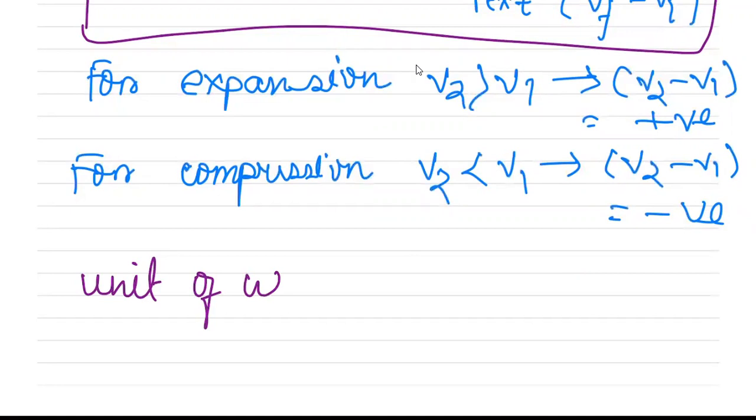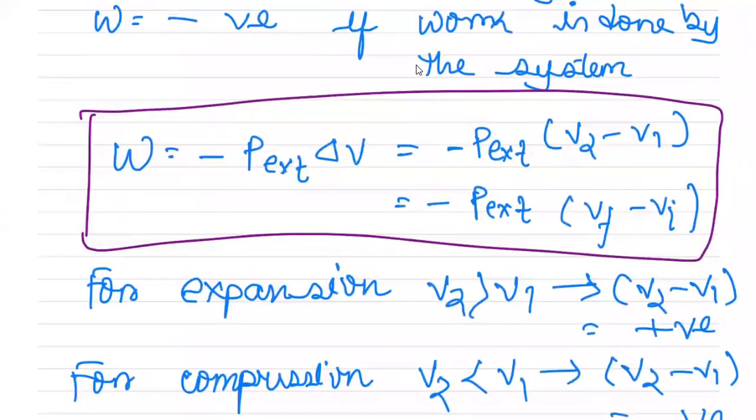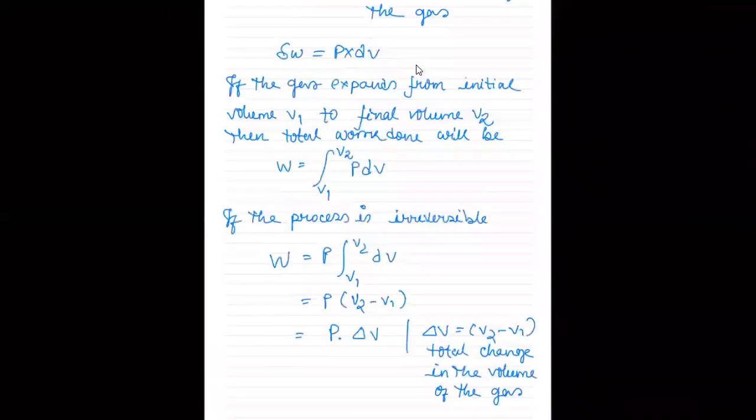It will be erg or joules. 1 joule is equal to 1 Newton meter, which is equal to 1 kg meter square per second square. Till this much you have understood or not? Yes, ma'am.